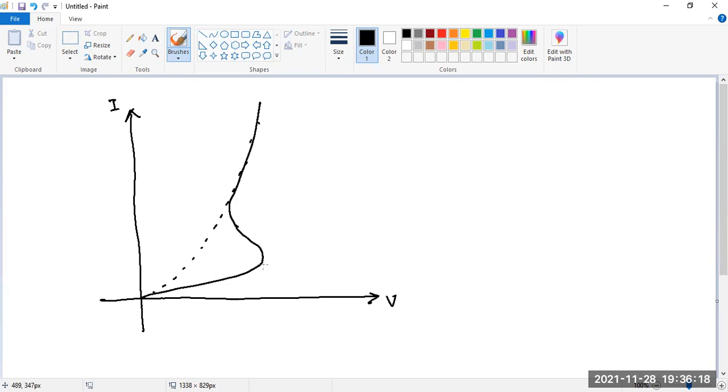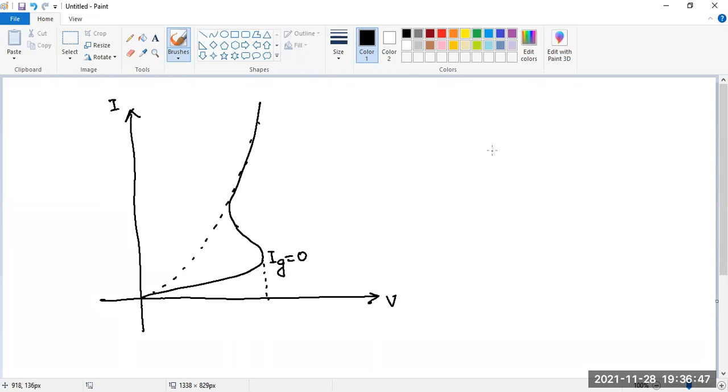Okay, so suppose we don't have any other terminal or other bias like gate. If you have any gate current, the characteristics will be like this. If it doesn't have any gate current, then how can it be turned on?